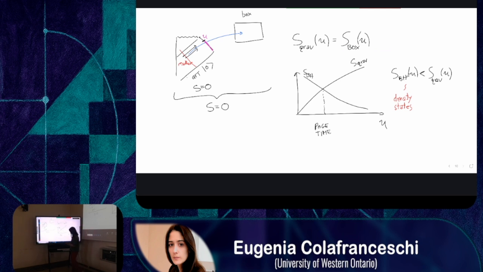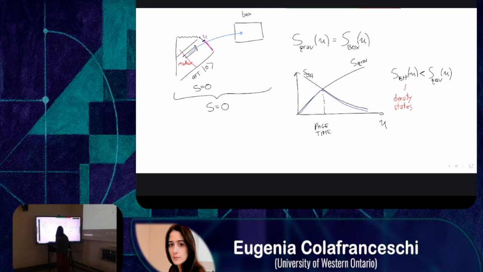And so this is the reason why Page conjectured that there should be some corrections to this process so that the actual curve for the entropy is this one, so is the minimum of the two curves.